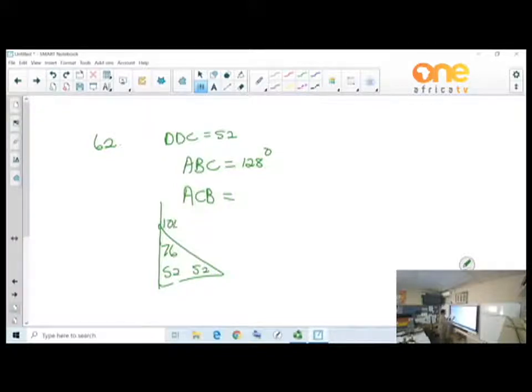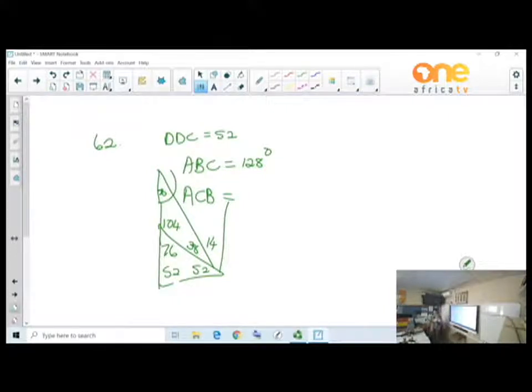This one is 104. This one is 76. So I can find this angle to be 38 degrees. And that's how you will get that this one is 14. That one is 14 there.